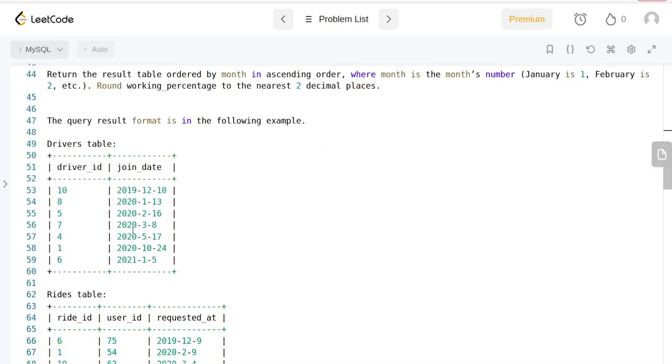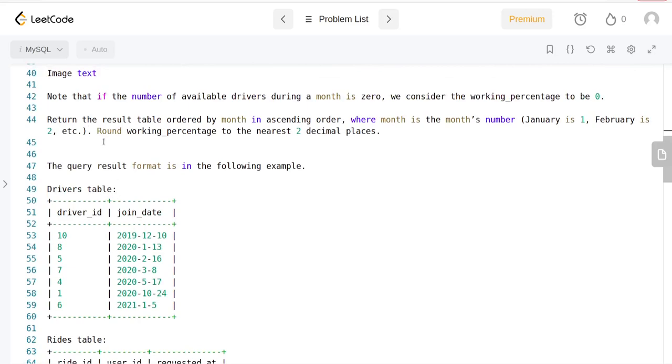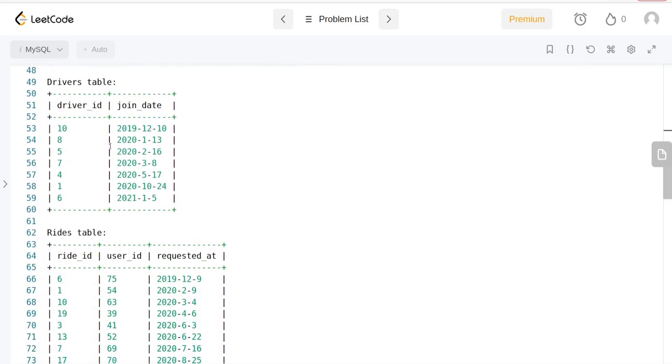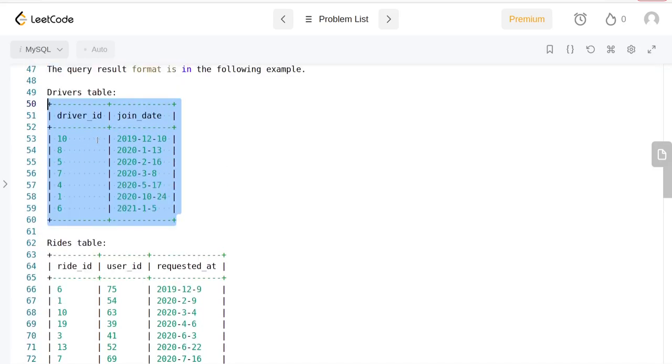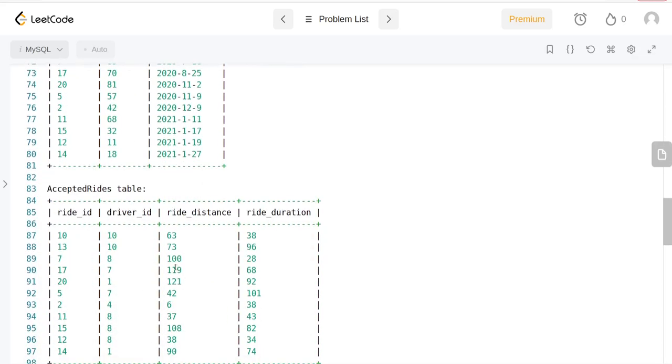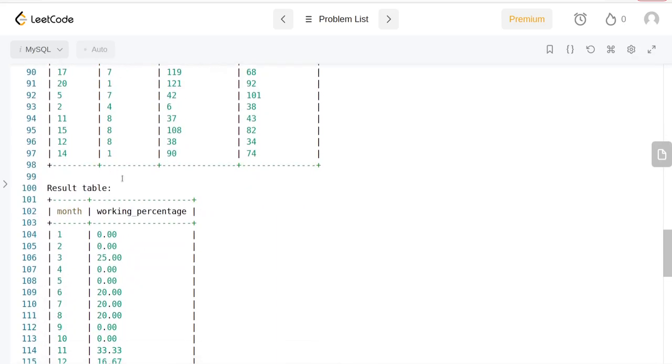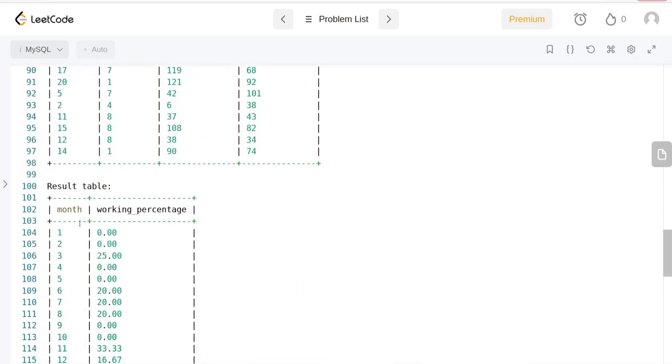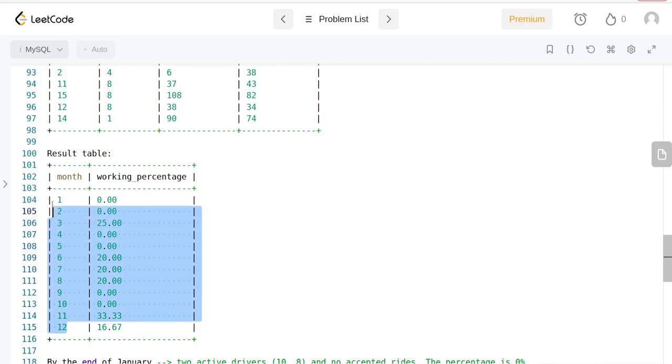Last time, we were given the drivers table, the rides table and the accepted rides table, and we created a column for the month number: one represents January, two represents February, and so on.